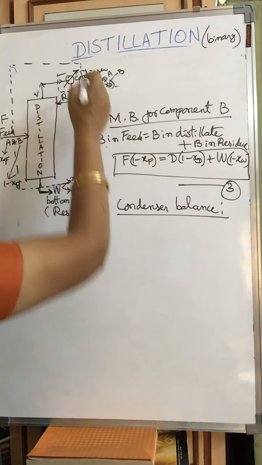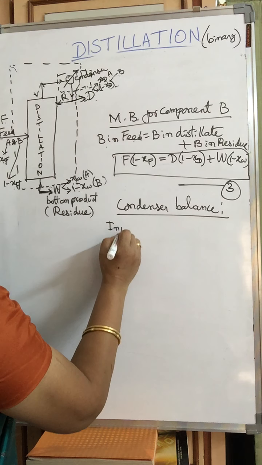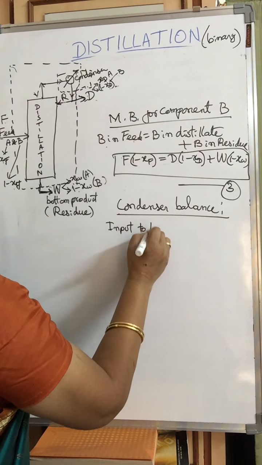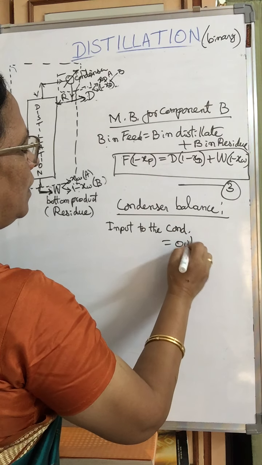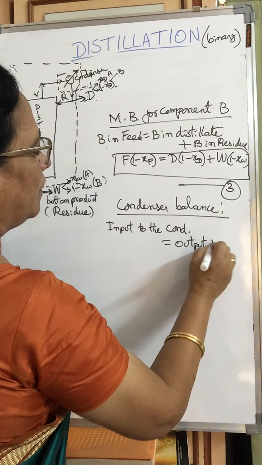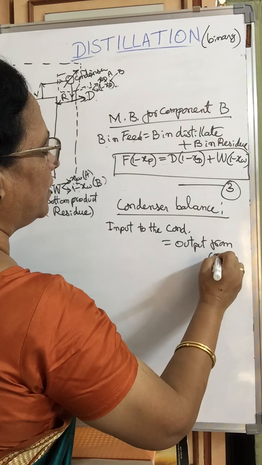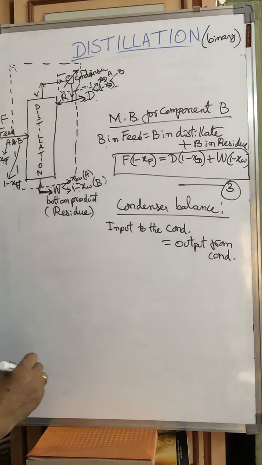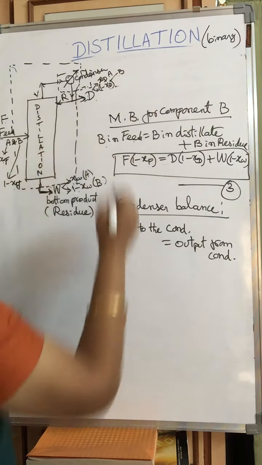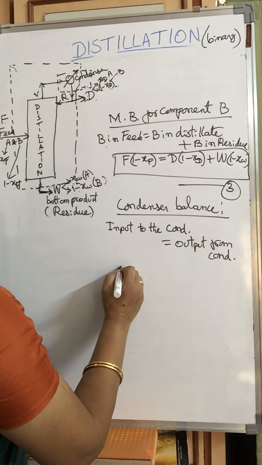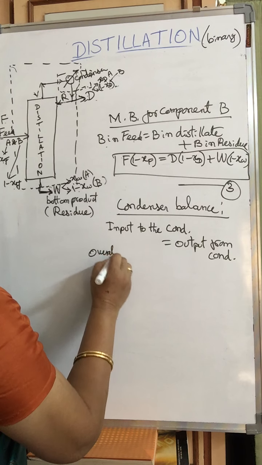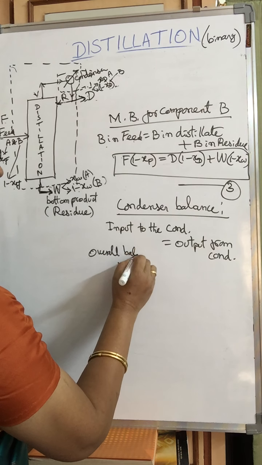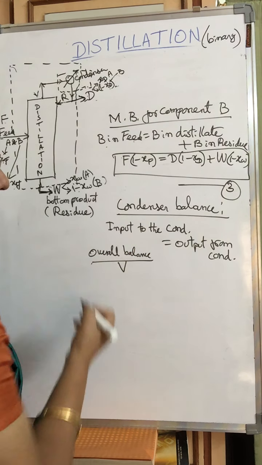So input to the condenser must be equal to output from condenser. This is a condenser balance. What is the input to the condenser? Here V. Overall. This is overall. Overall balance. Okay.